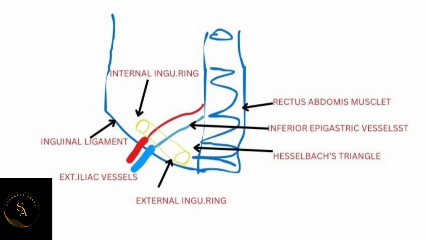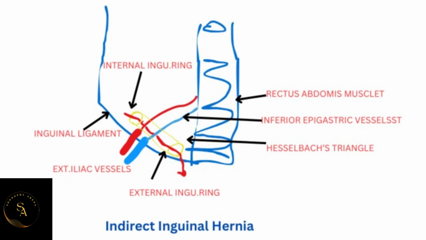Let's now talk about indirect inguinal hernia. Indirect inguinal hernia is the most common type of inguinal hernia. It is seen mostly in the younger patient. It's a type of hernia which occurs when the abdominal viscera, which could be the intestine, the mesenteric fat, or any other abdominal viscera, migrate through the deep inguinal ring into the inguinal canal.